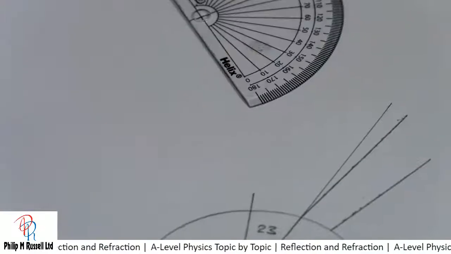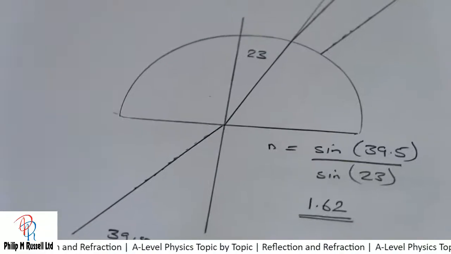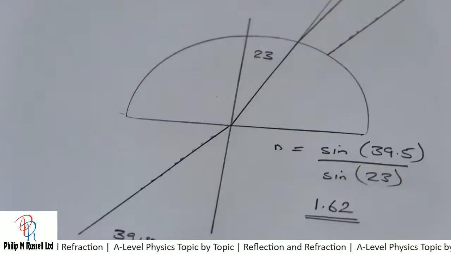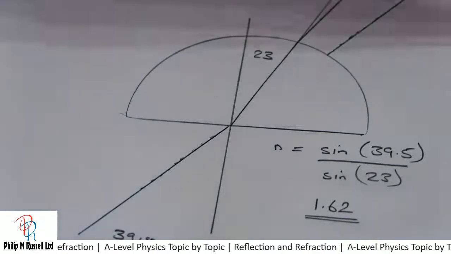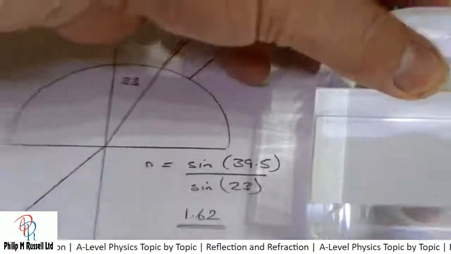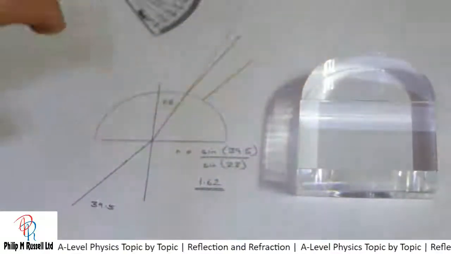So I got a slightly different answer. Now, is that a problem? Well, not really. It just says that this piece of Perspex and that piece of Perspex are possibly slightly different. Maybe they are, maybe they're not.